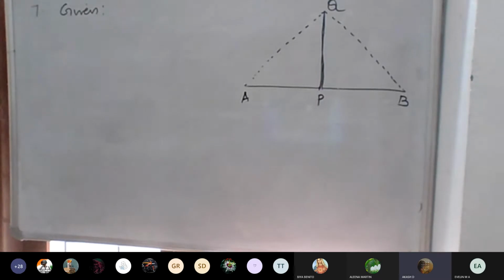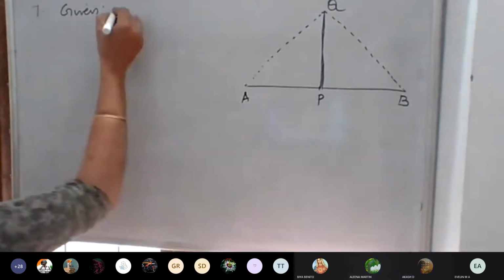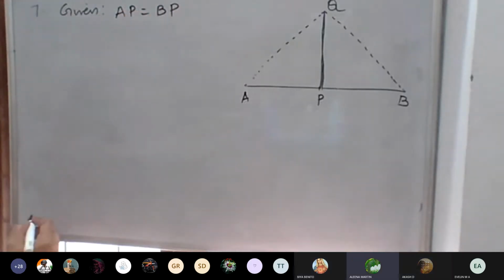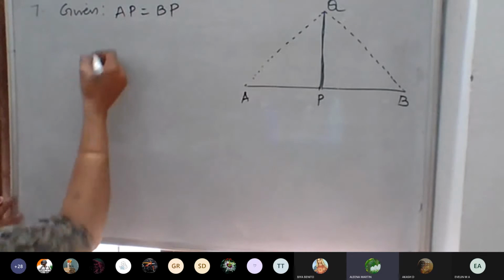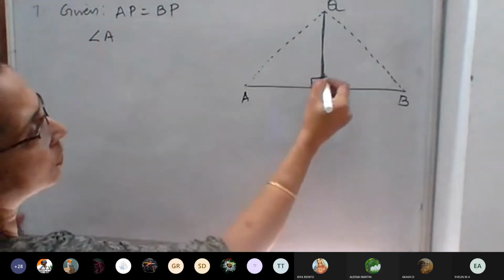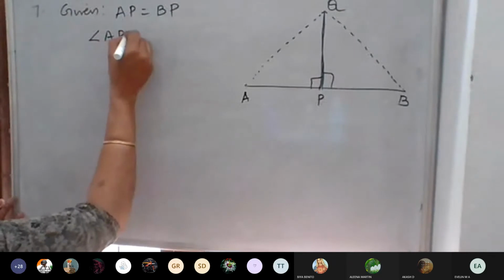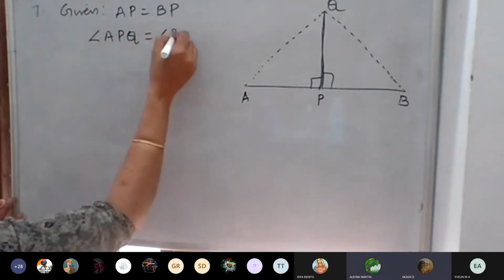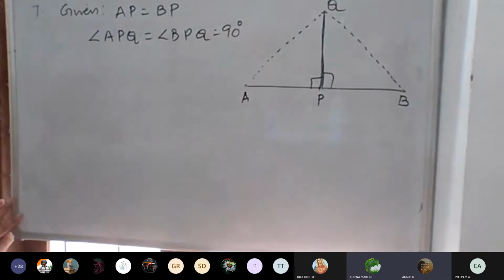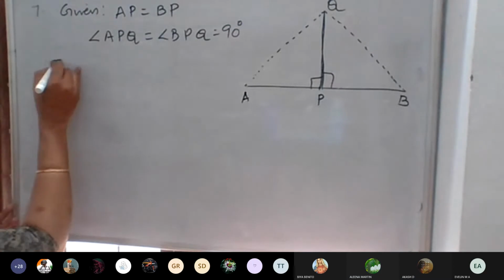Given: AP is equal to BP, since P is the bisector. Also given: angle APQ is equal to angle BPQ, which is 90 degrees, since PQ is perpendicular to AB. So two things are given, no?